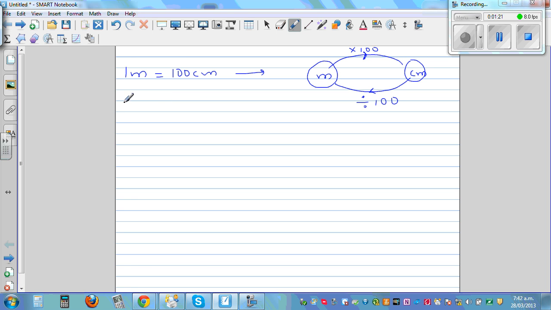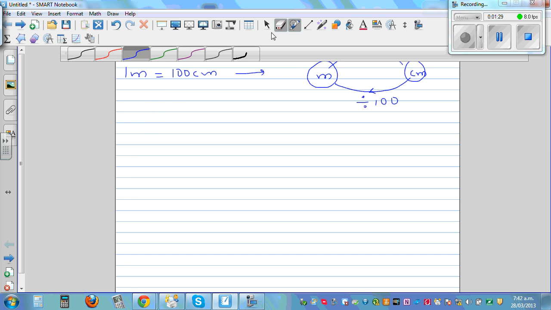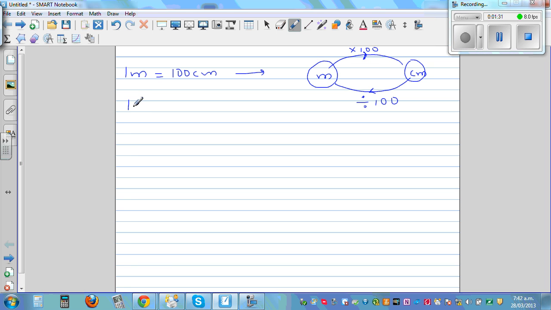Now 1 meter is also how many millimeters? Before that, let me write centimeter first. 1 centimeter is 10 millimeters. Now from this you can make up this.